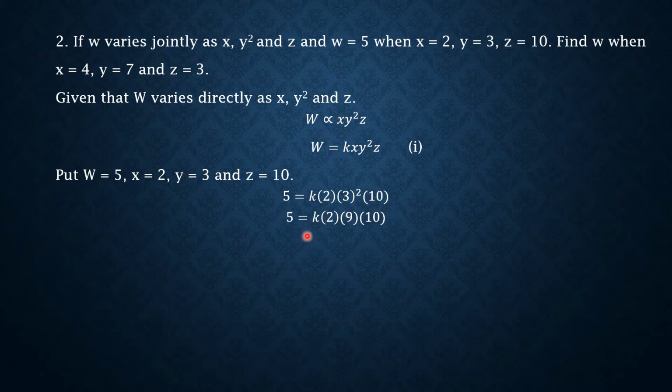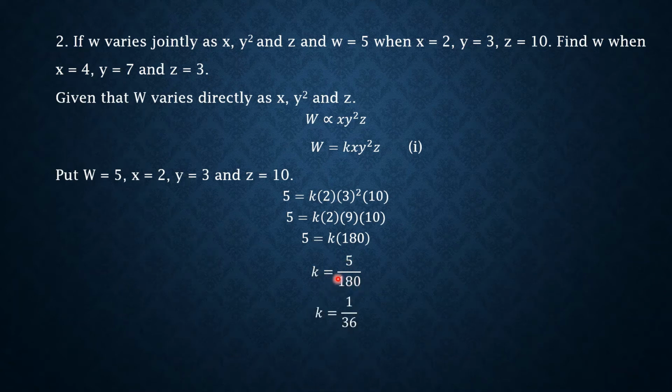Now by simplifying 3 square as 9, we have 5 equal to k into 2 into 9 into 10, and 2 into 9 into 10 will give us 180, so we have 5 equal to 180 into k.